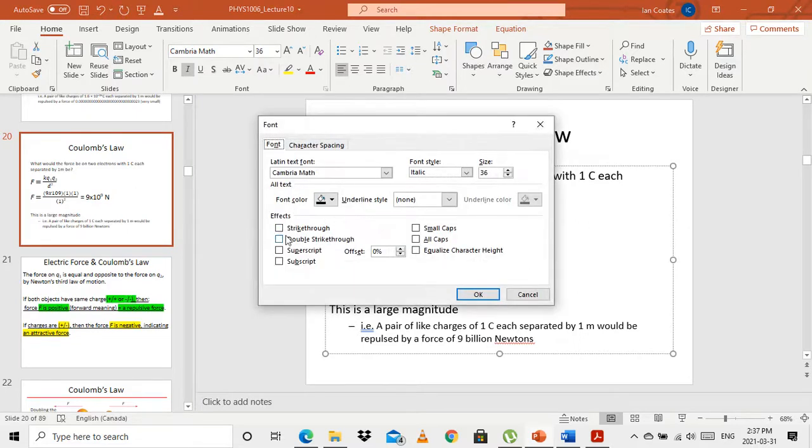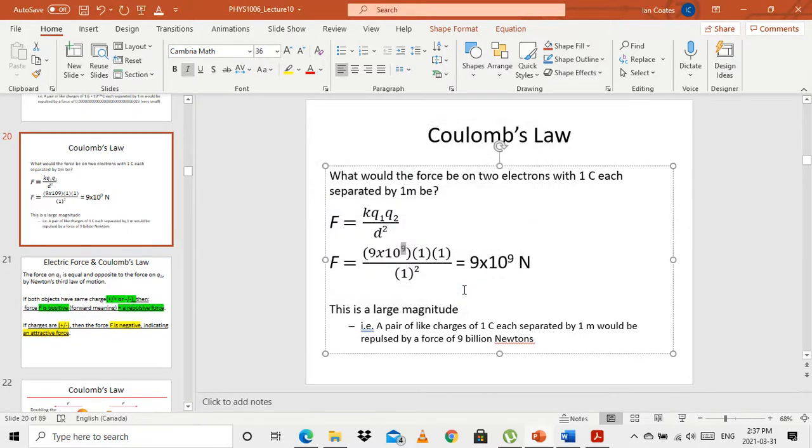There's my charge, which is 1 and 1 coulomb. My distance, 1 meter squared. So if I had 2 charges of 1 coulomb and 1 coulomb, separated by 1 meter, that's the force acting on them: 9 billion newtons. Just ridiculous. So, good. That's what we're talking about there.